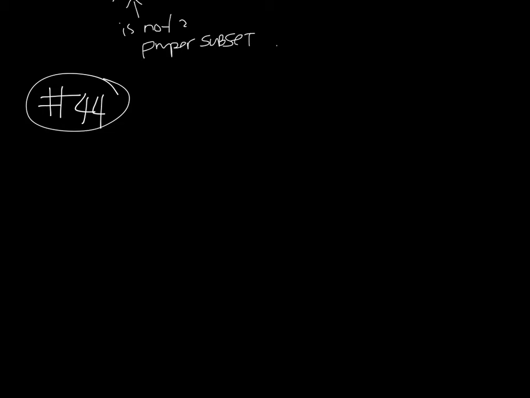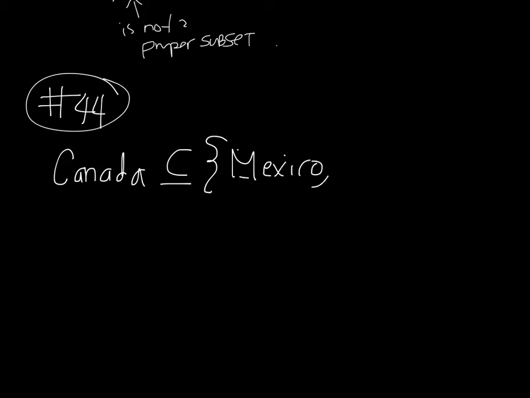So 44, we have Canada, and this symbol, and we have different countries: Mexico, US, and Canada. So the question here is, is this statement true or is it false?